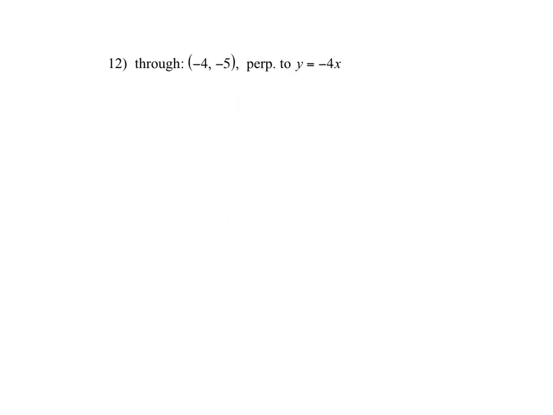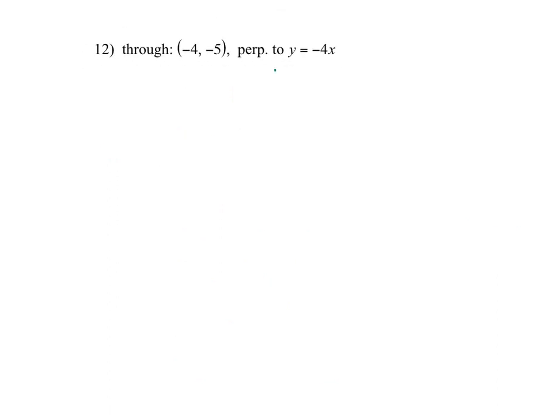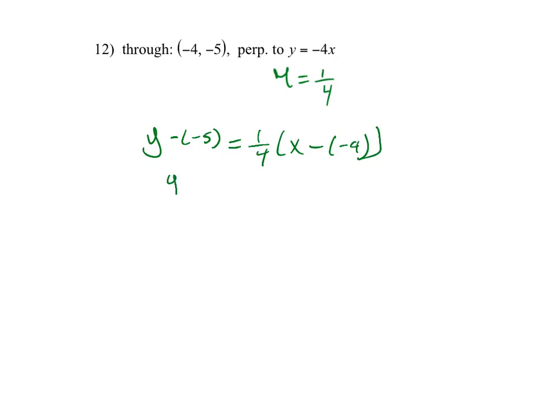The last one. Again, my new slope is going to be the opposite reciprocal, so 1 over 4. So y minus negative 5 equals 1 over 4 times x minus negative 4. So y plus 5 equals 1/4 times x plus 4.